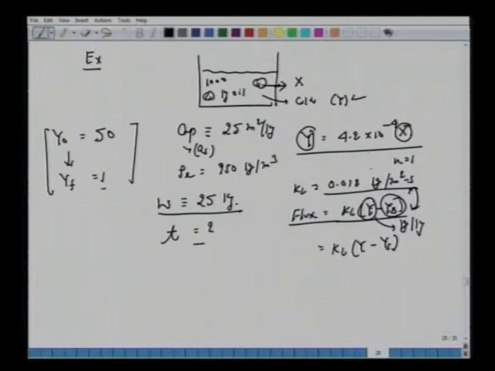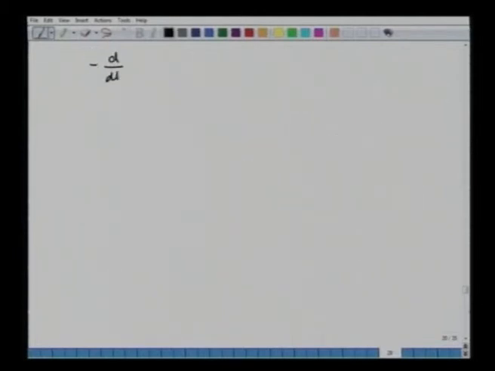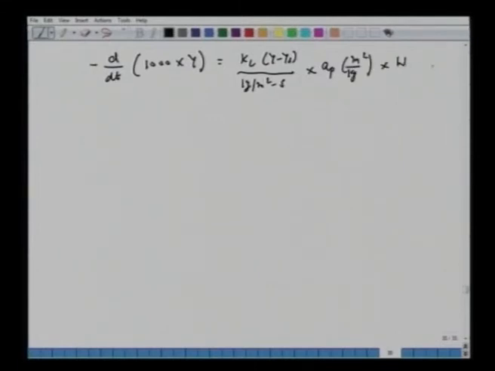We can start from the fresh balance very quickly. d over dt, 1000 kg already we have, into y. This will equal KL, y minus ys. So this is a flux which is kg per meter square per second multiplied by AP, which is meter square per kg of solid, into W kg here. So this is the total balance here.